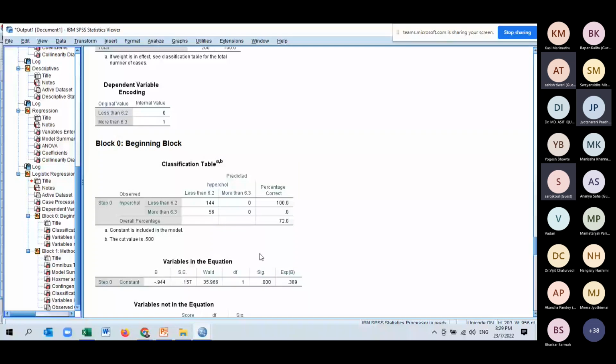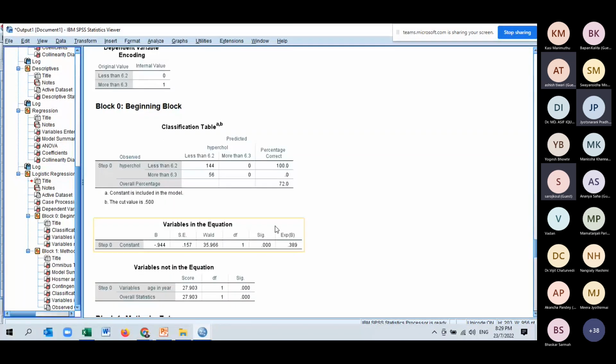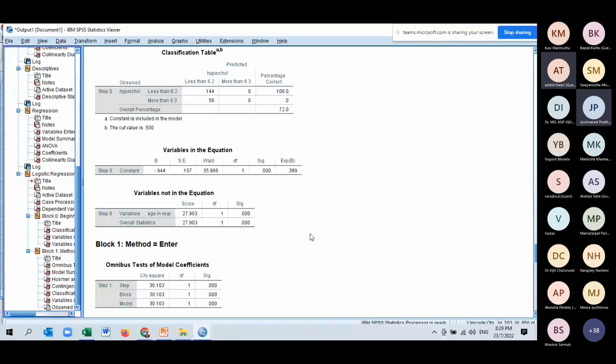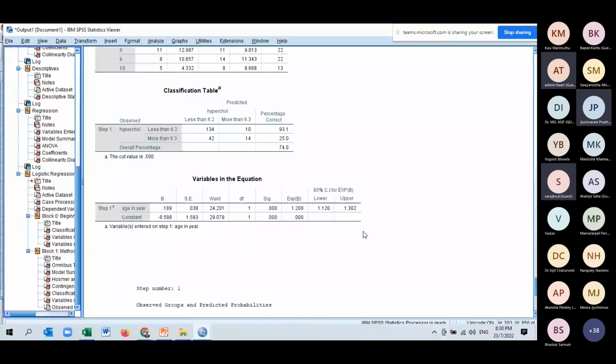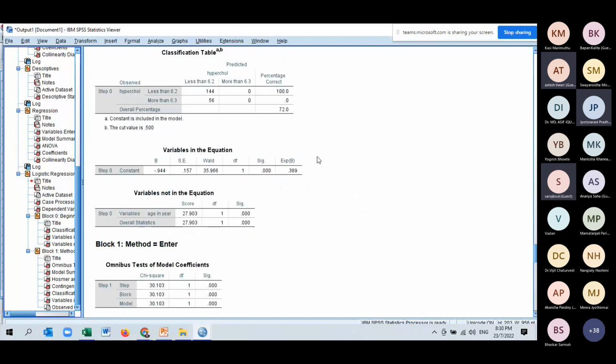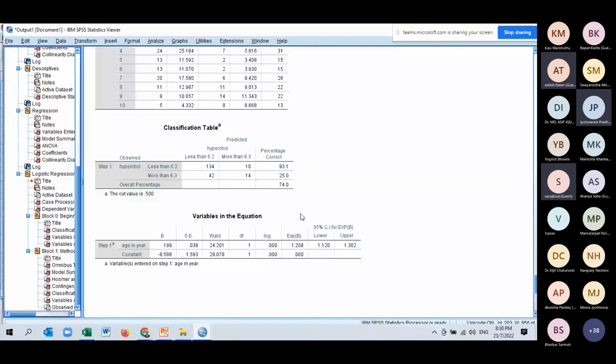So the exponential is this. What does it say? Sorry, we have to go to variables in the equation, not the previous table. Variables in the equation is very, very important. Don't go for the classification table in the previous step. For the first step, we have to go for the Enter method, the last table.